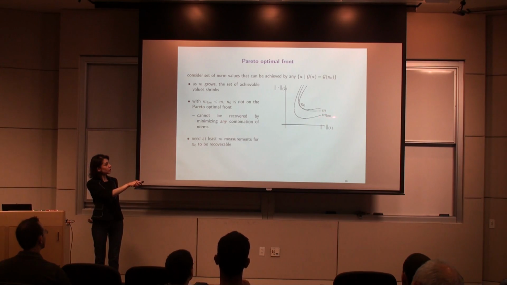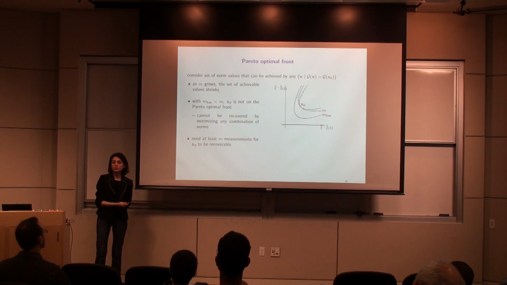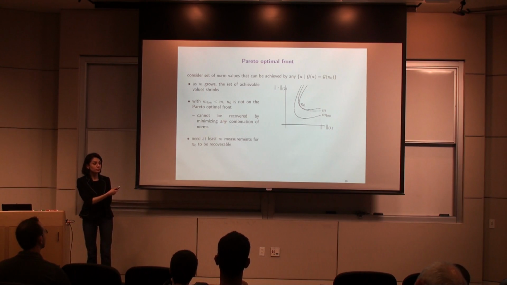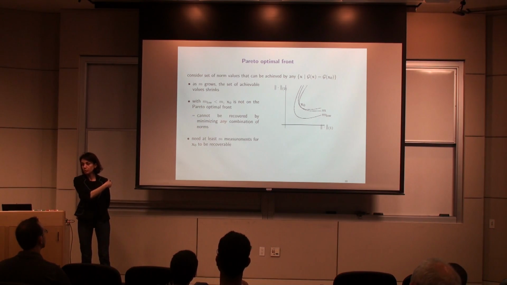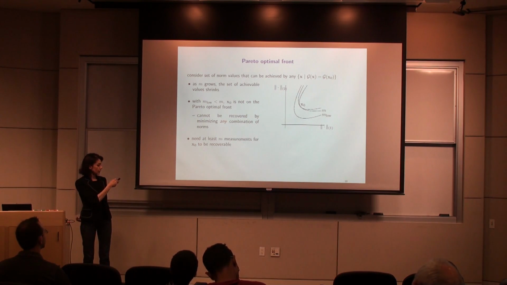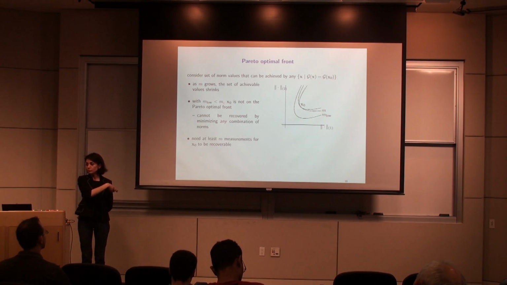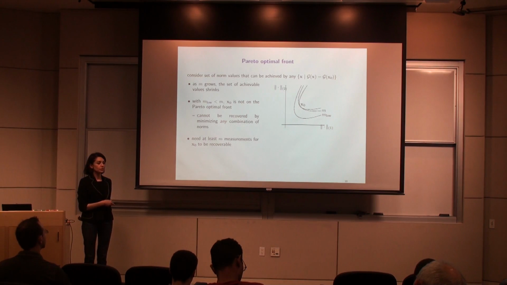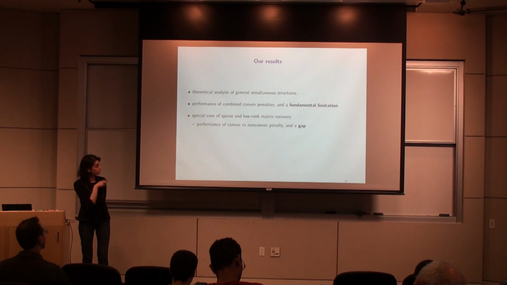So if, for example, the number of measurements is low and the curve looks like this, then I cannot recover this x0. So the question becomes, how many measurements do we need for x0 to actually lie on the Pareto optimal curve? We want to bound the lowest number of measurements needed for any of those optimization programs to be able to find that particular x0.